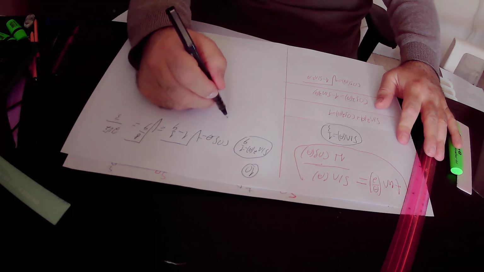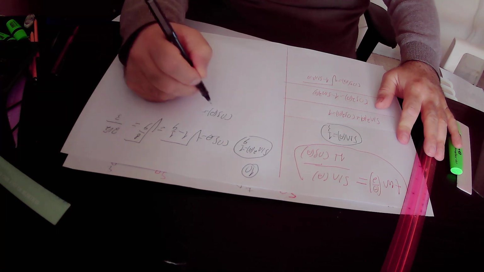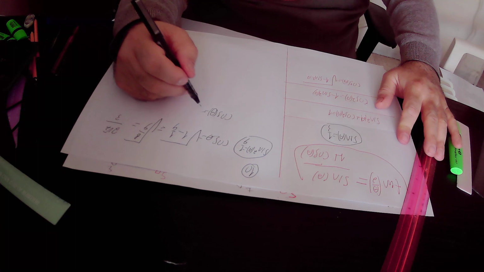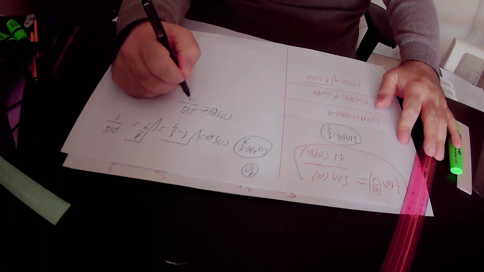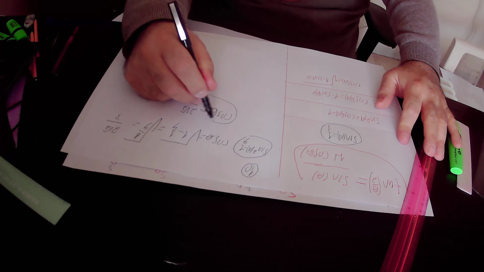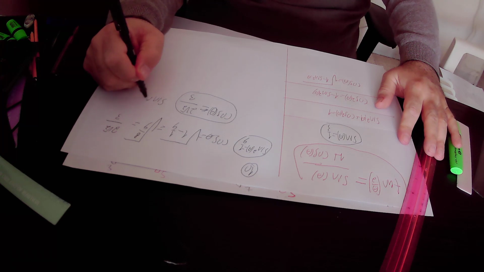So in conclusion, we found out that cosine theta is equal to 2 times square root of 2 over 3. And we already found out that sine of theta equals 1 over 3.